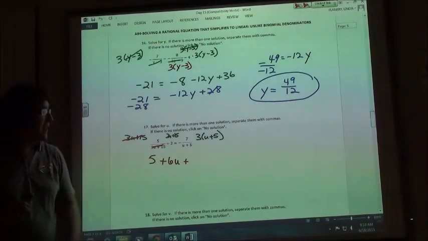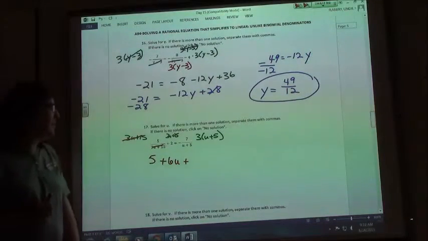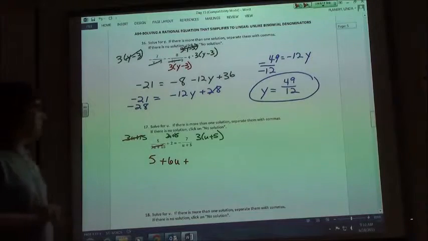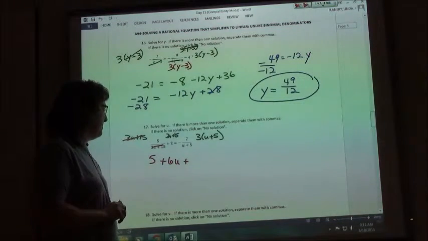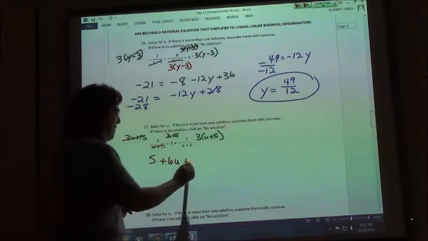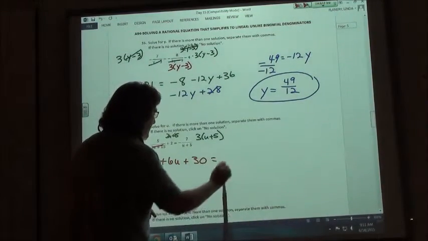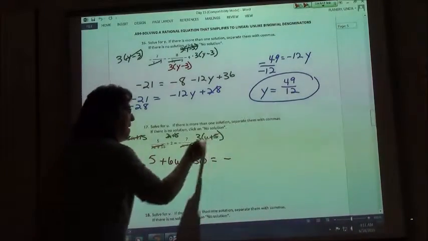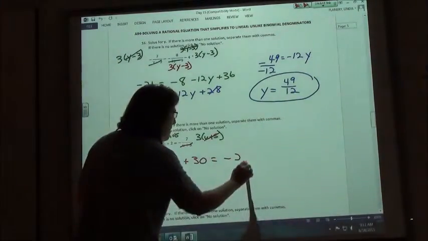Well, I got 5, and then equals... So if you do the 6 times the 5, you're going to have 30, right? Equals, on the other side, I'm going to get negative 21.